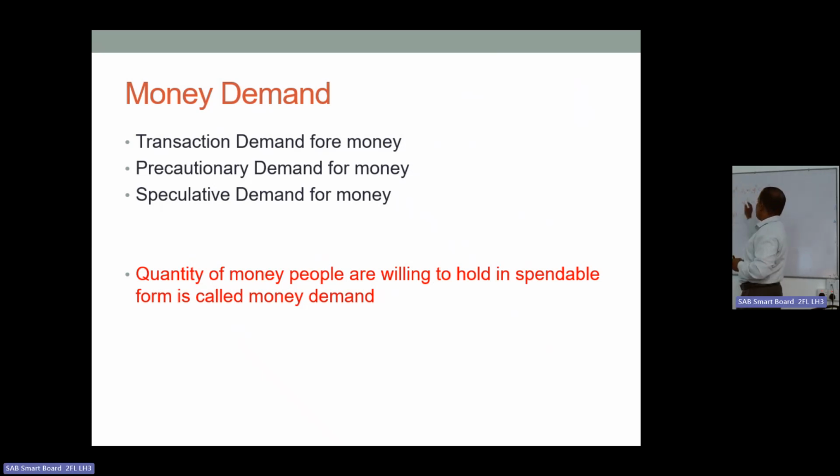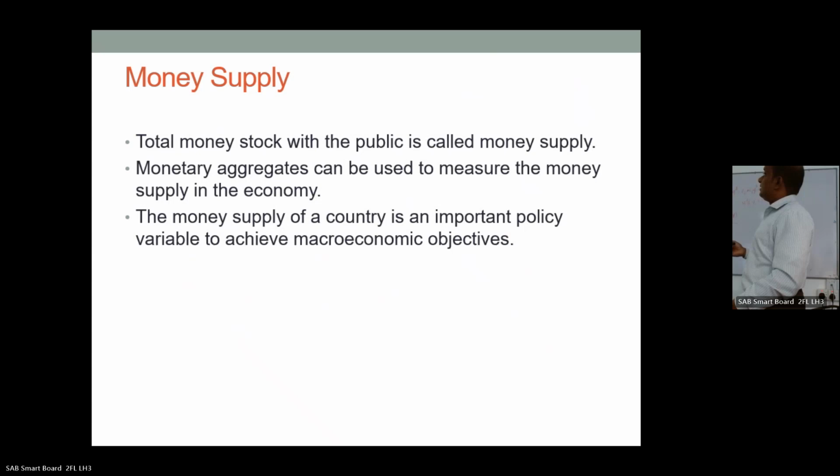So that explains the behavior of money demand with respect to income and the interest rate. That is the total money demand, and why people hold money.